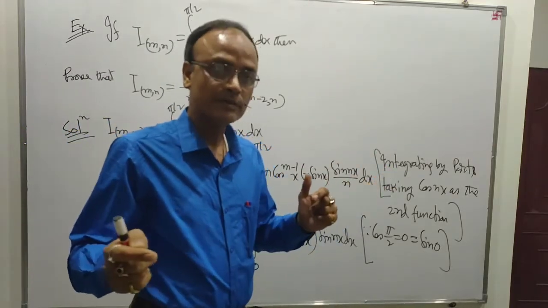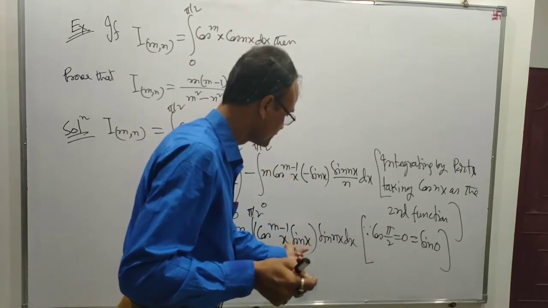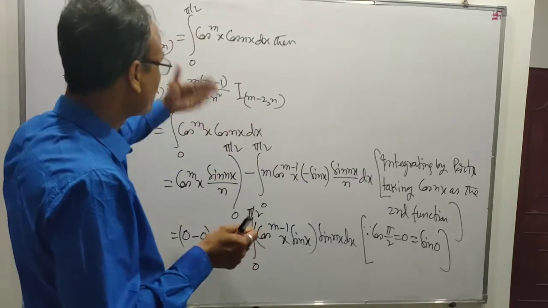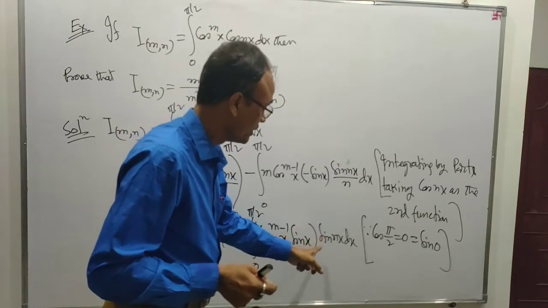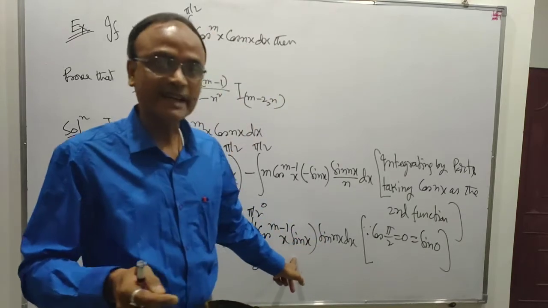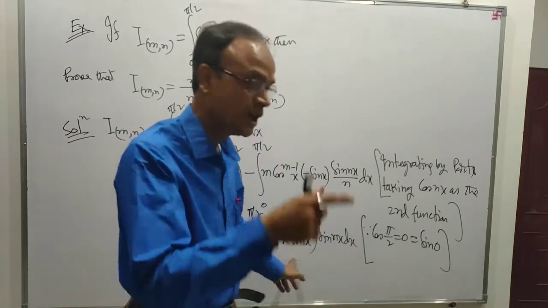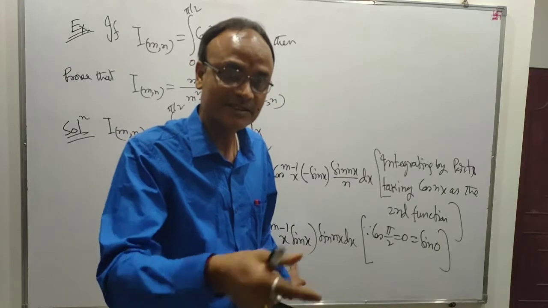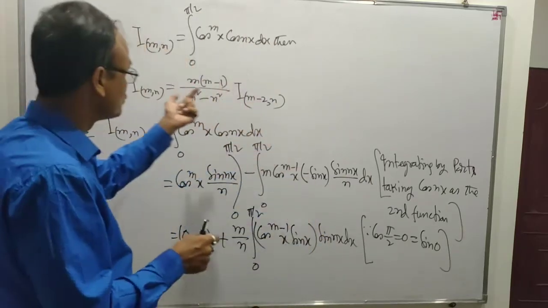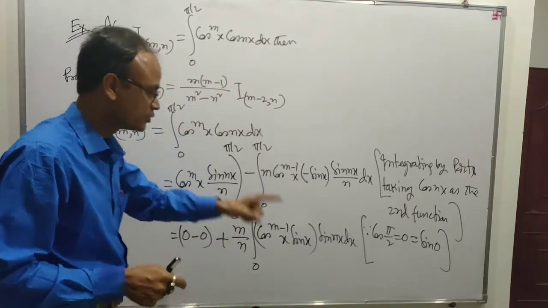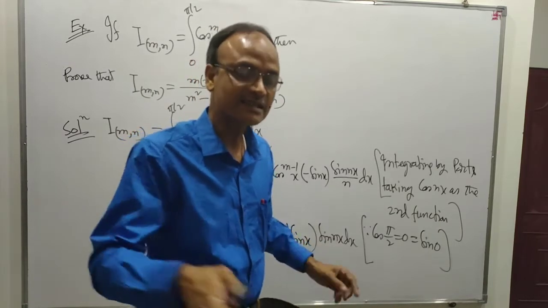In our earlier class we solved the same problem. Then we wrote sin nx into sin x as cos (n minus 1)x minus cos nx cos x. This time, since we have to prove this one, we shall integrate this by parts, taking sin nx as the second function.